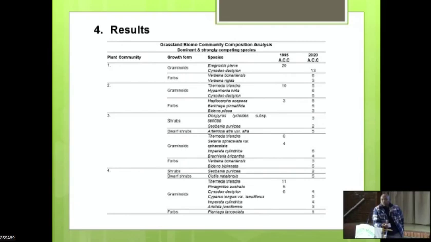For example, in community 1, Eragrostis plana was replaced by Cynodon dactylon as a strongly competing species. This shows that across all those communities, there are new species coming into the system that were not really prominent back in 1995. So over 25 years, the grassland biome had species compositional changes over time.